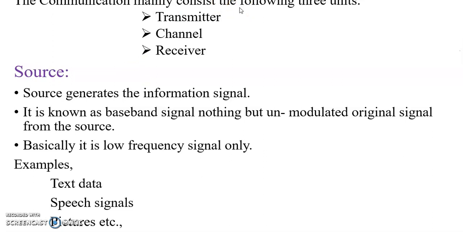The communication system mainly consists of three units: one is the transmitter block, the next one is the channel, and the third one is the receiver. The first block of the communication system is the source. The source generates the information. This information signal is known as the baseband signal.